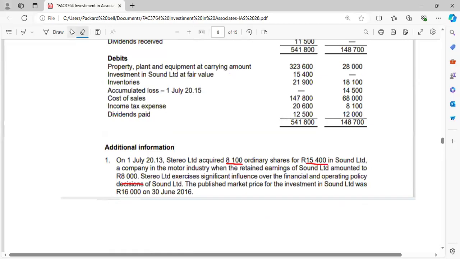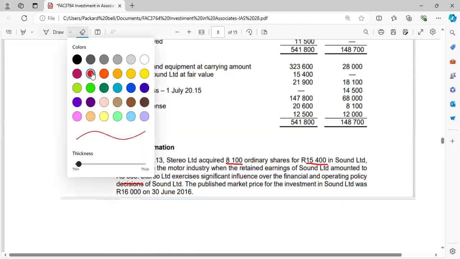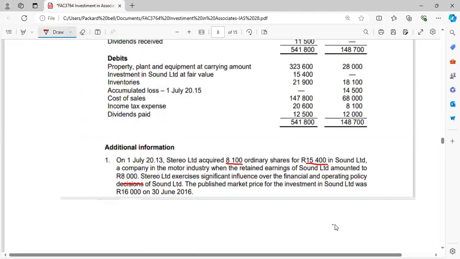So our percentage of interest is going to be 8,100 over 15,400. I'm getting 53%.